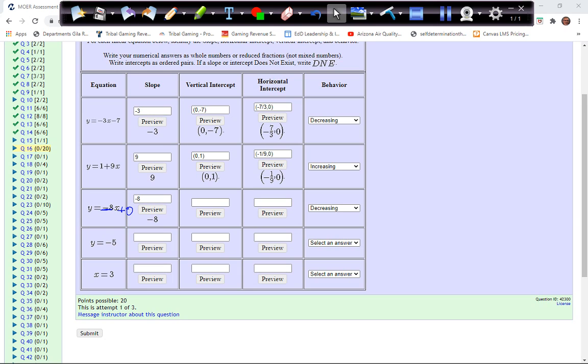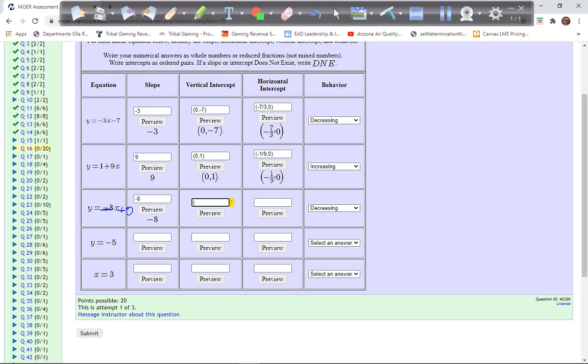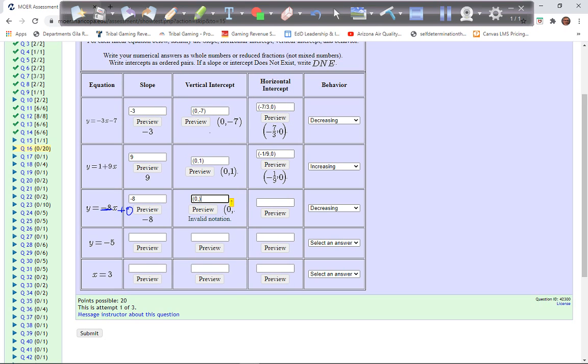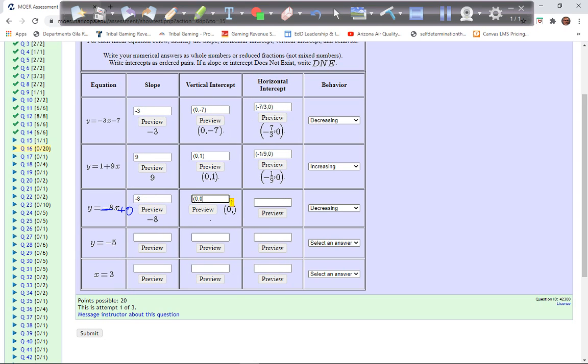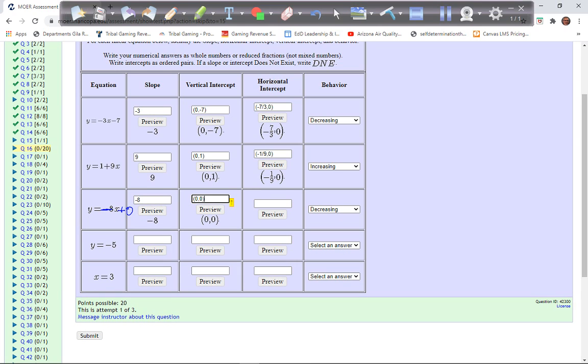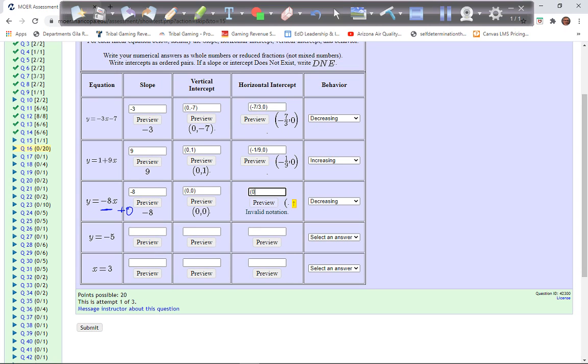It means the y-intercept is 0. So when x is 0, y is 0. What's really cool is that once we have the vertical intercept of (0, 0), that's also at the same time the x-intercept. So we don't have to do too much work, because when x is 0, y is 0. When y is 0, x is 0.